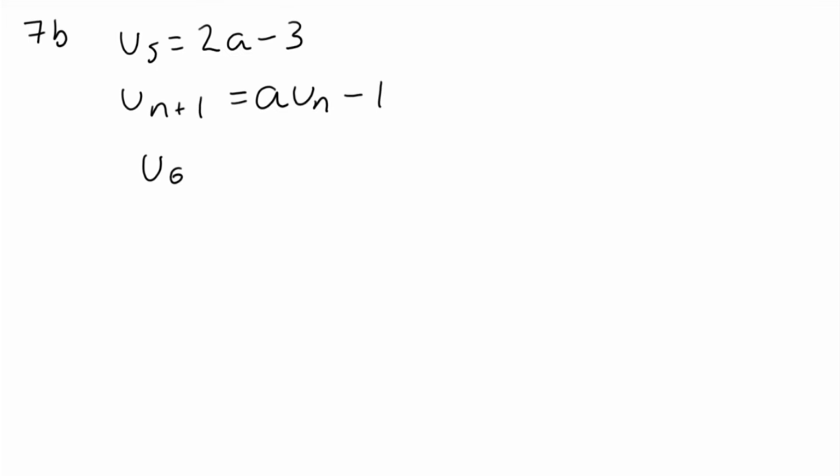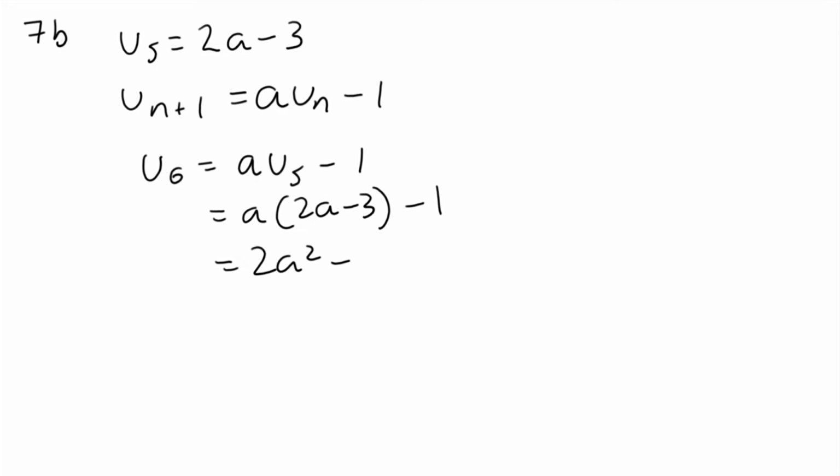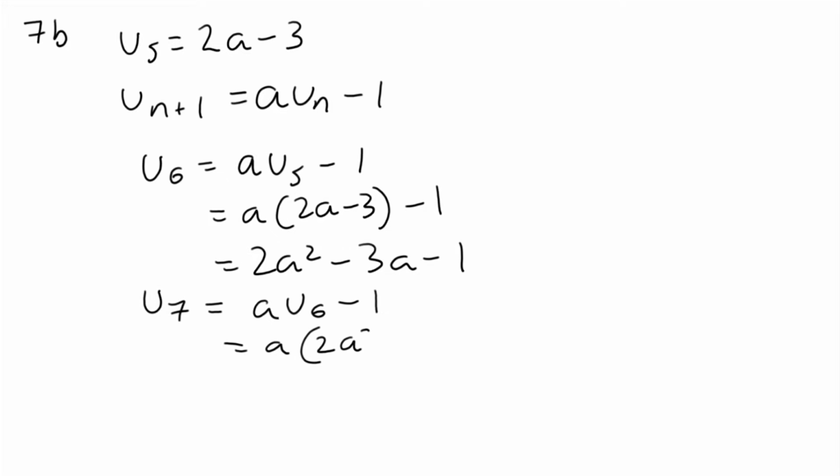So u6 is going to be a u5 minus 1, which is a times 2a minus 3 minus 1, which is 2a squared minus 3a minus 1. u7 will be a times, I'll write it like this first, a times u6 minus 1, and then put my u6 in, so I'm not confusing you.